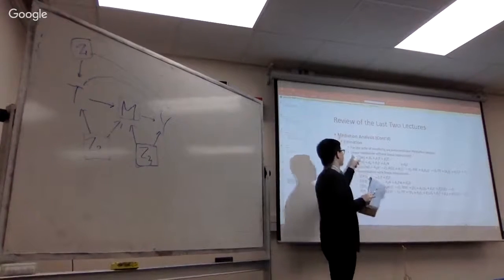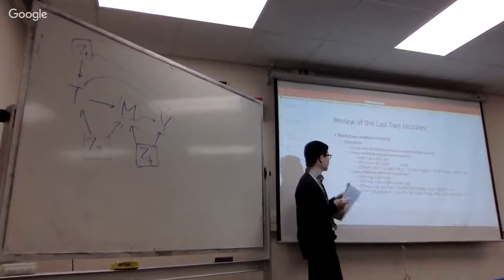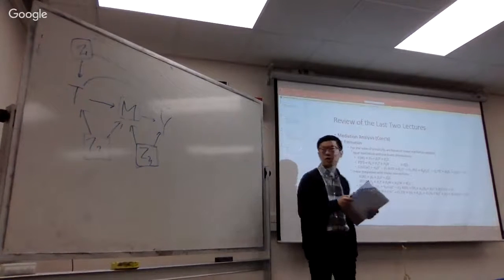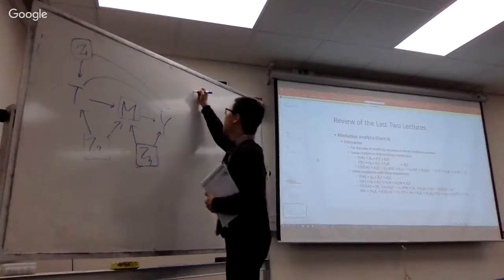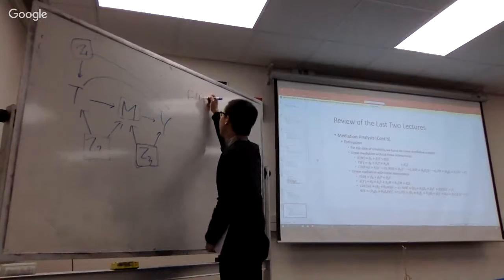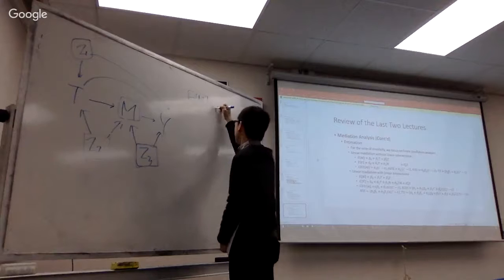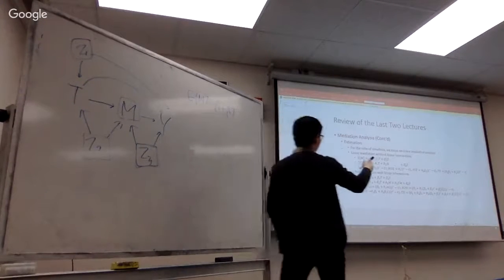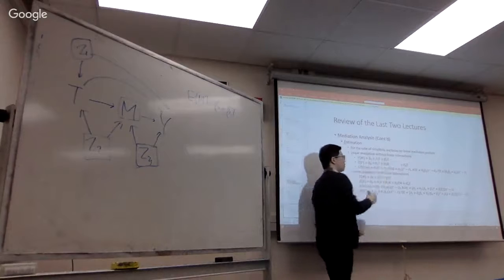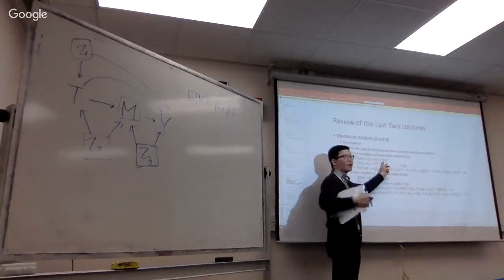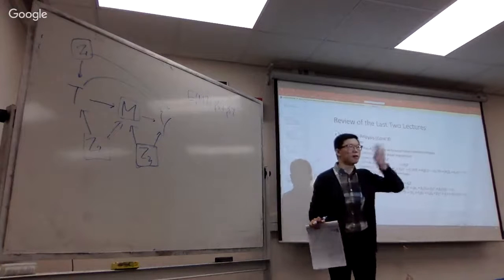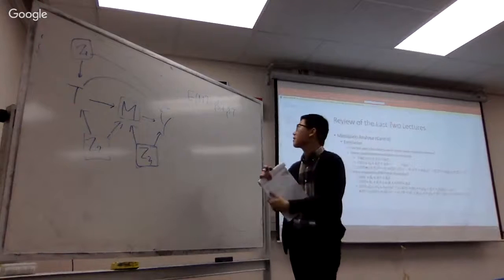So the first condition is linear mediation without linear interactions. You are saying that the expected value of M is beta 0 plus beta 1 T plus beta times C, where beta is the vector of coefficients and C is the matrix form of all Z variables, basically.